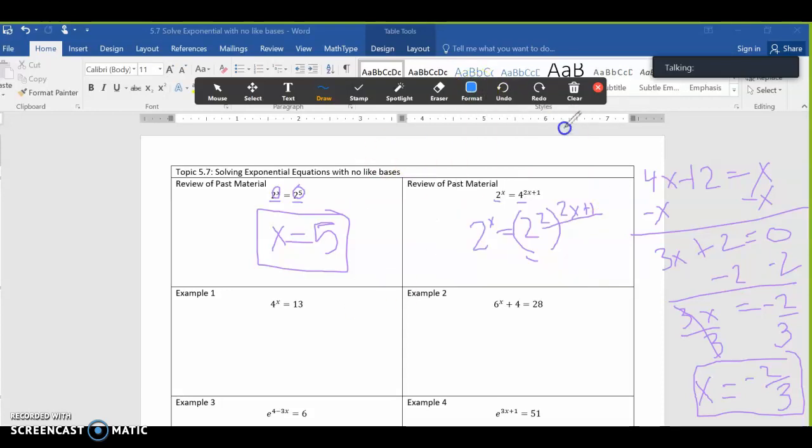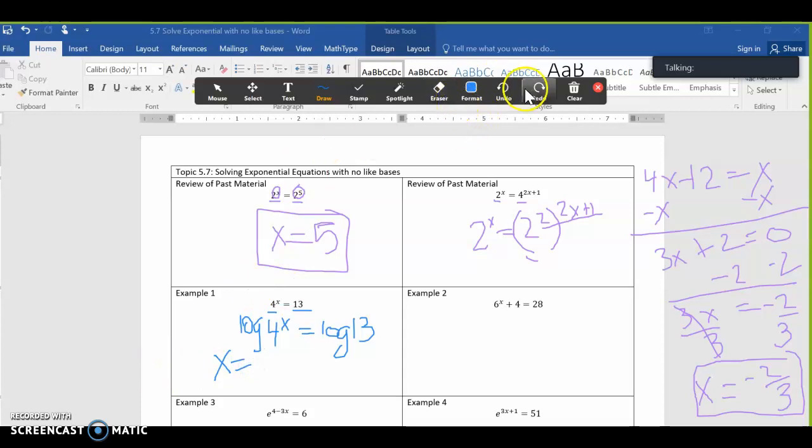Okay? So now when we look at example 1, we have 4 to the x equals 13. So 4 is our base, and 13 is our other base. Well, I can't change 13 into 4 to some power. So I'm basically going to take the log of both sides. Since this is an exponent, I'm going to use the power property, which states that if it's an exponent, I can just put it in front.